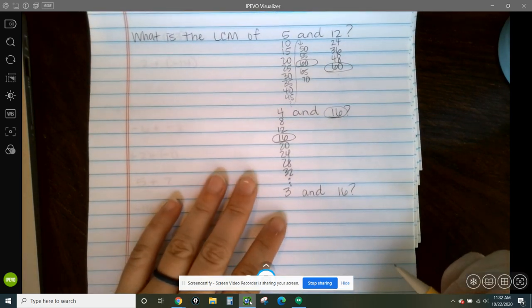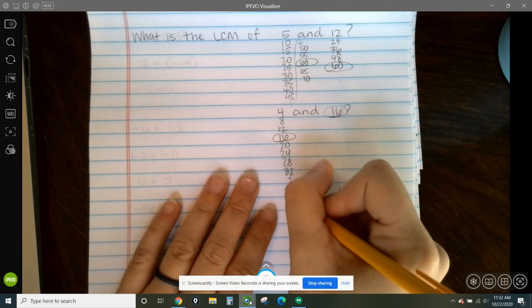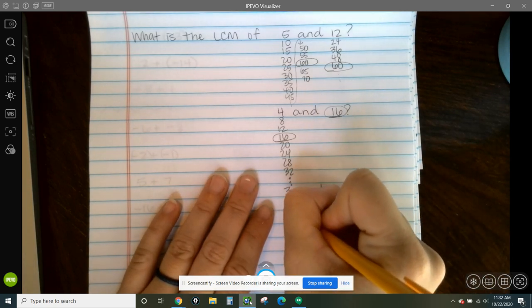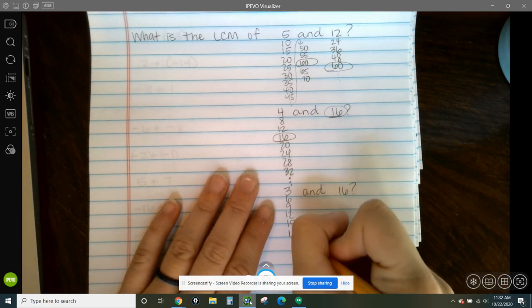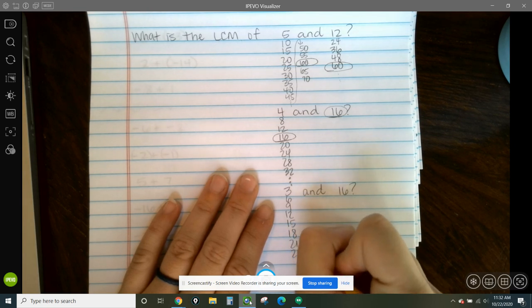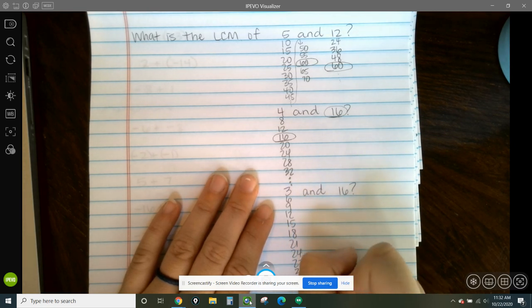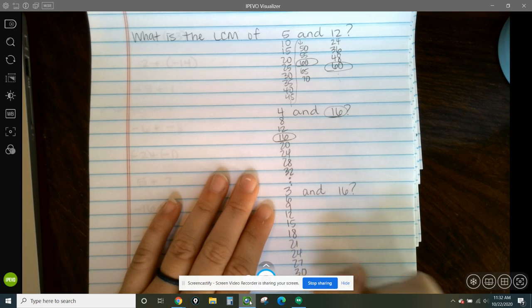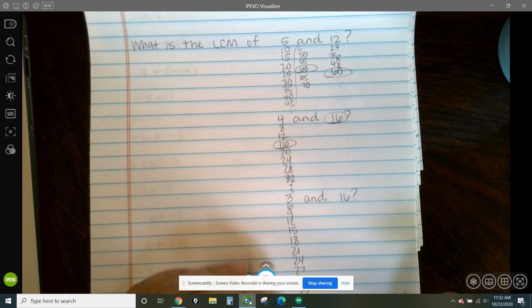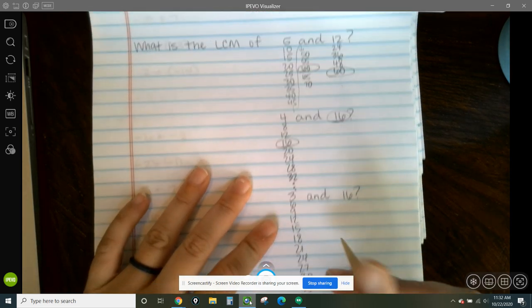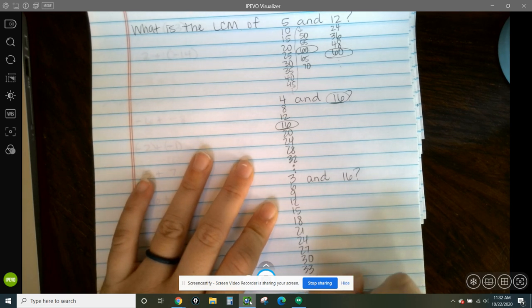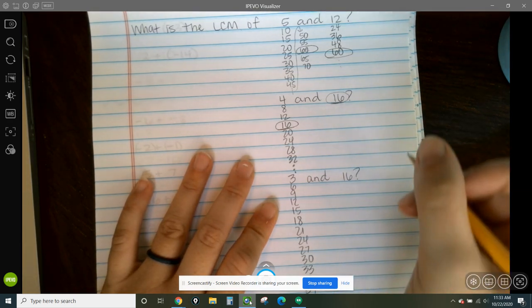How about 3 and 16? Okay, so I'm going to start listing some multiples of 3. 3, 6, 9, 12, 15, 18, 21, 24, 27, 30, 33. I'm going to keep going here because I have a feeling 16 is kind of big. 36, 39, 42, 45. Okay, I'm going to stop for a second. 16.